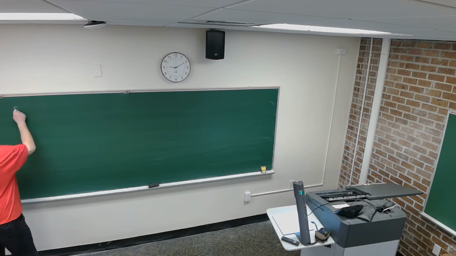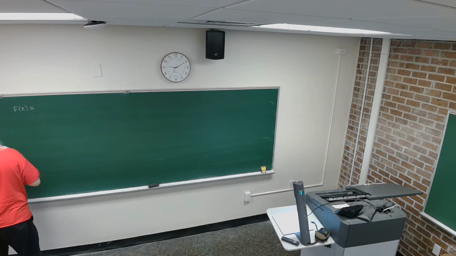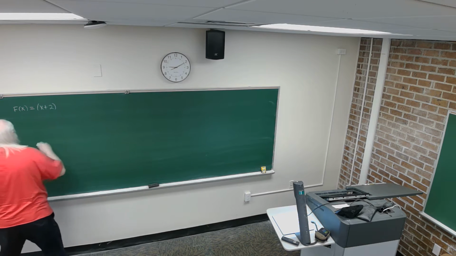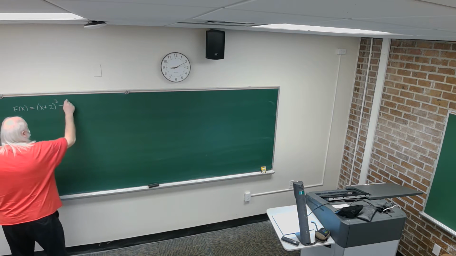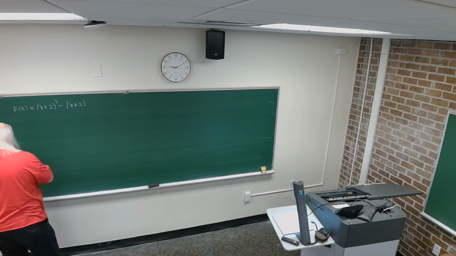We're given big F of x is equal to (x plus 2) cubed minus the absolute value of x plus 2. Okay.